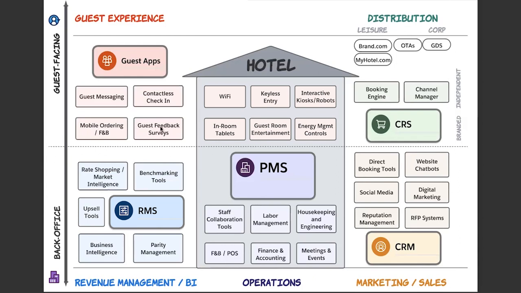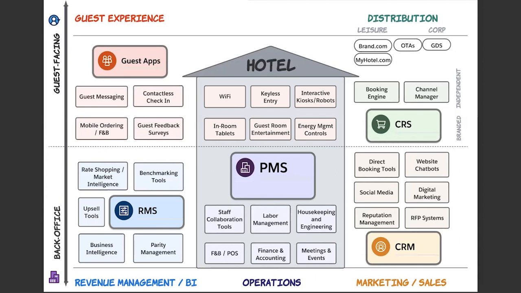Or guest feedback and surveys are directly related to guest experience, but sometimes placed under operations, as they are hopefully used by the management to improve service. So again, just like everything in our industry, these categories are not carved in stone and the lines are blurred, but this diagram should give you a good level of understanding of what is what.